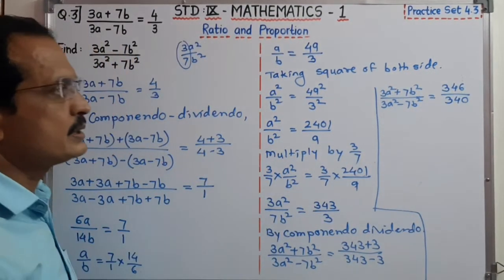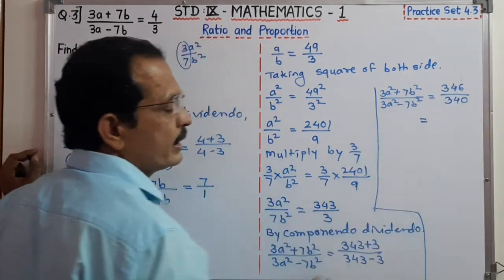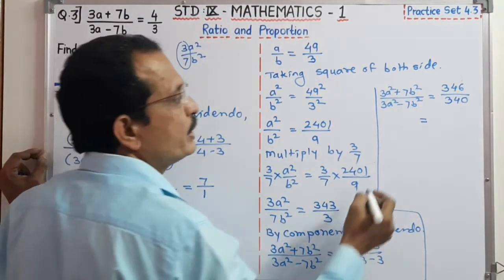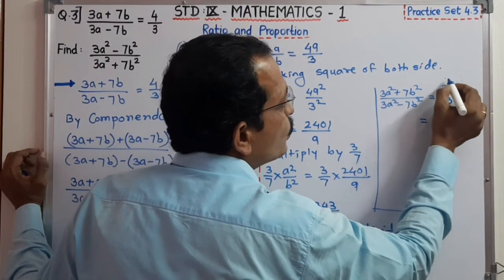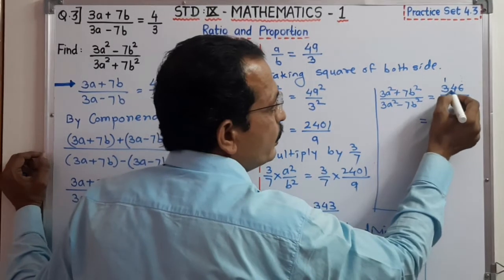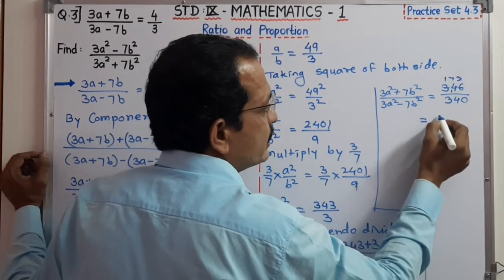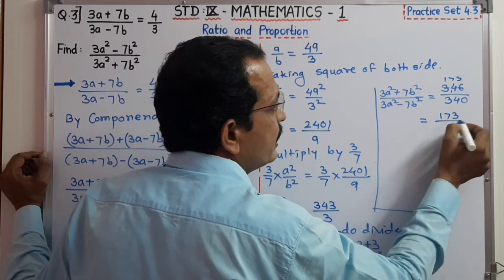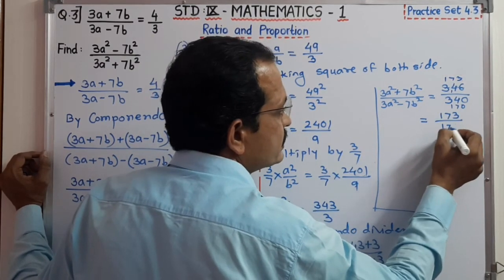Now dear student, see here, we have to simplify this. If we simplify, that means if we divide this by 2, then 2 1s are, then 2 7s are 14, and 2 3s are, that is 173, and it is 170.